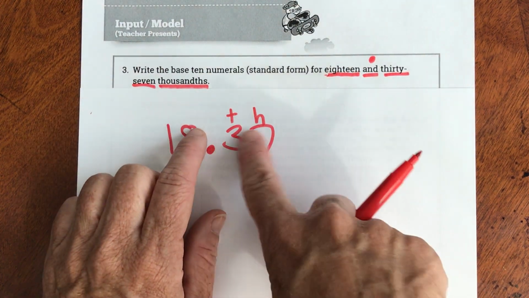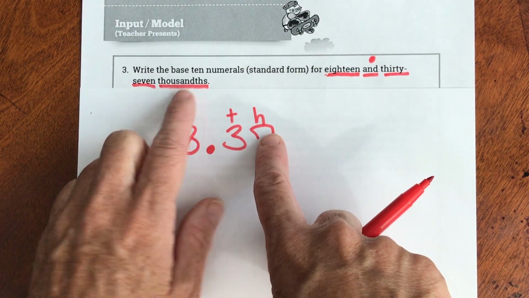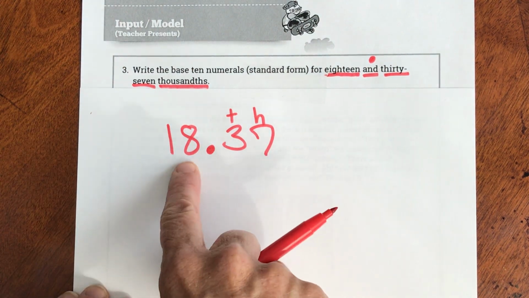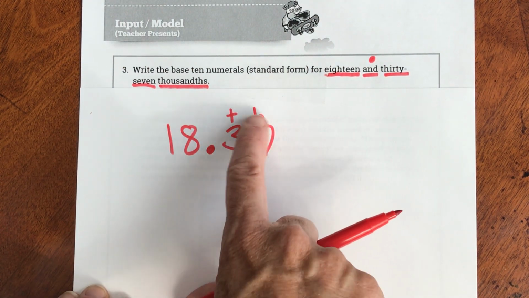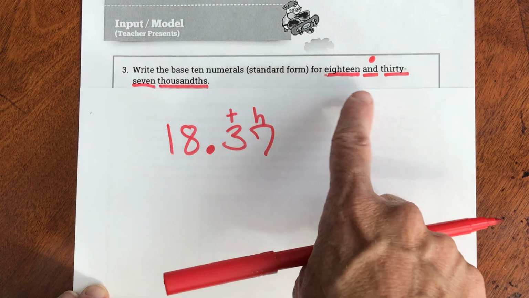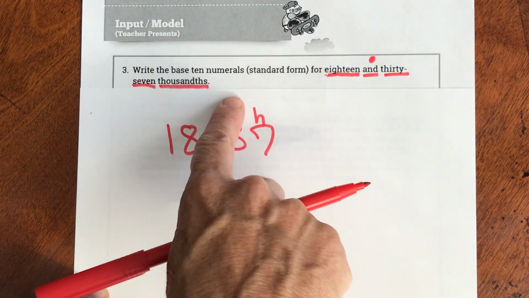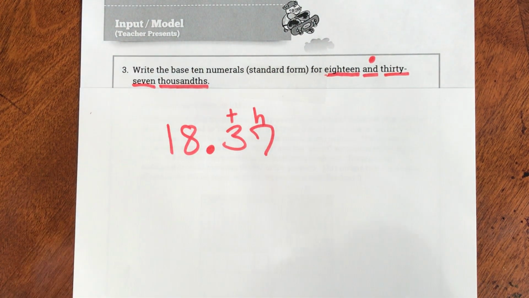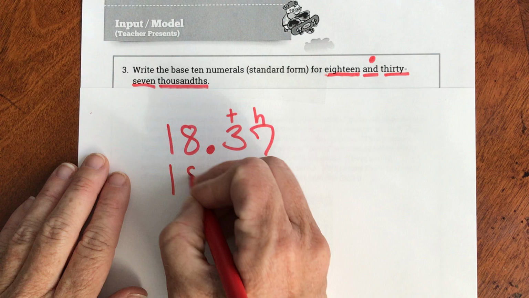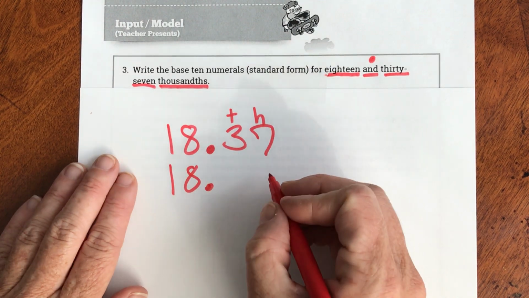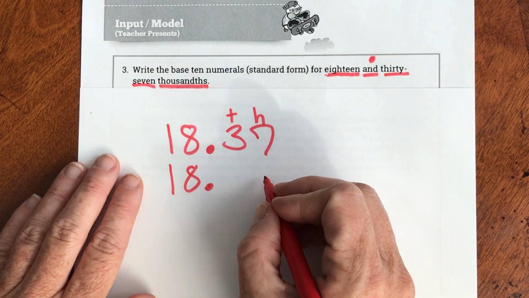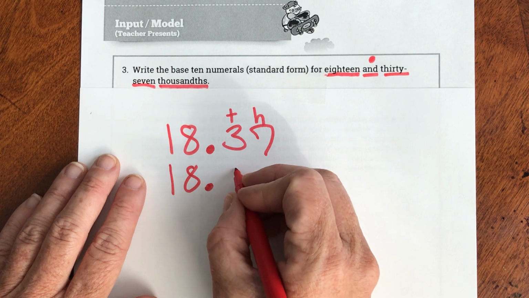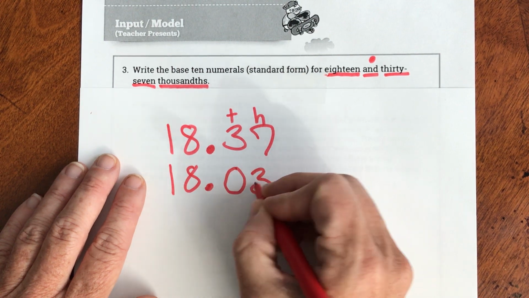Oh, so this is wrong. They don't match. What I wrote says 18 and 37 hundredths. I need it to say 18 and 37 thousandths. So there's a problem there. So somehow I need to rearrange this. So I can do 18 and, now I'm going to have to add a 0, but look where I'm going to have to add it.